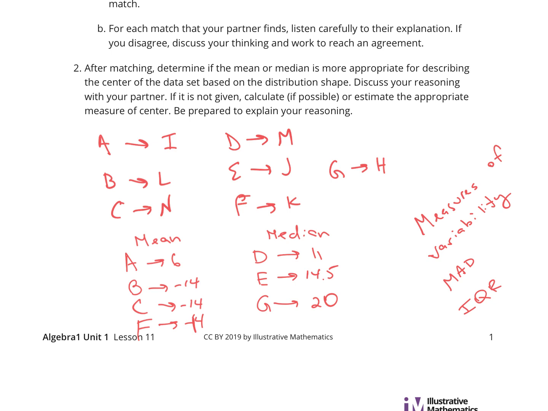They go hand in hand with each of the measures of center. MAD goes with mean, and IQR goes with median. The reason we choose mean when we have symmetric data is because MAD is a more reliable measure of variability than IQR is. So if we have a choice between mean and median because they're exactly the same, it makes more sense to choose the mean because then we can also use the mean absolute deviation, the better measure of variability.